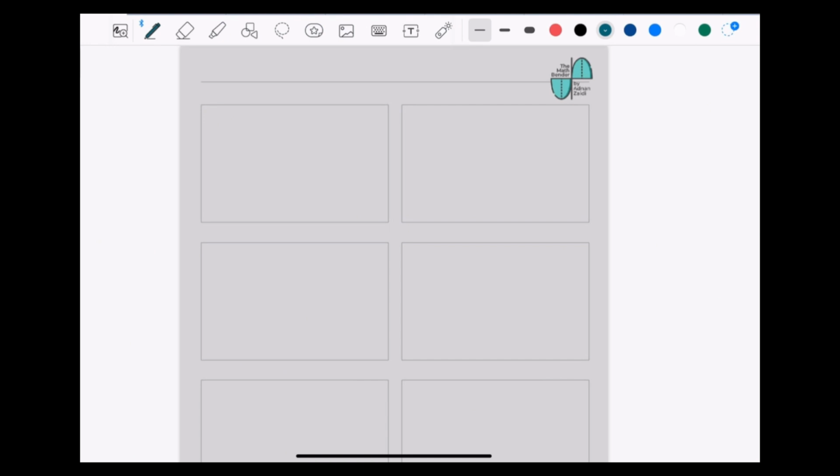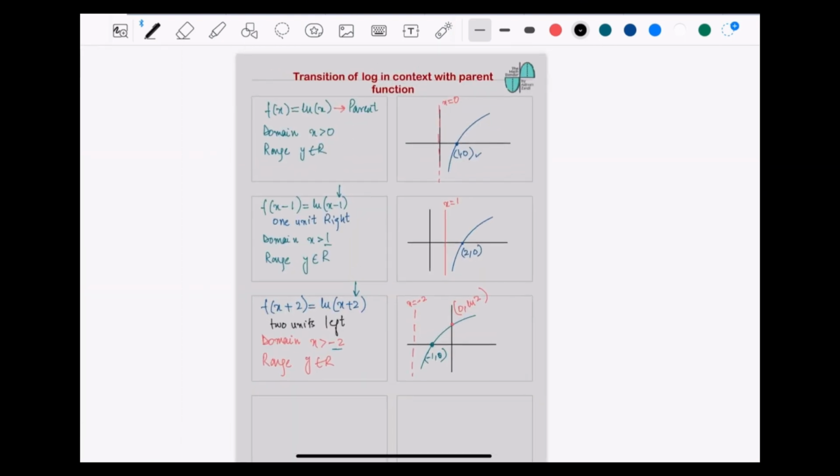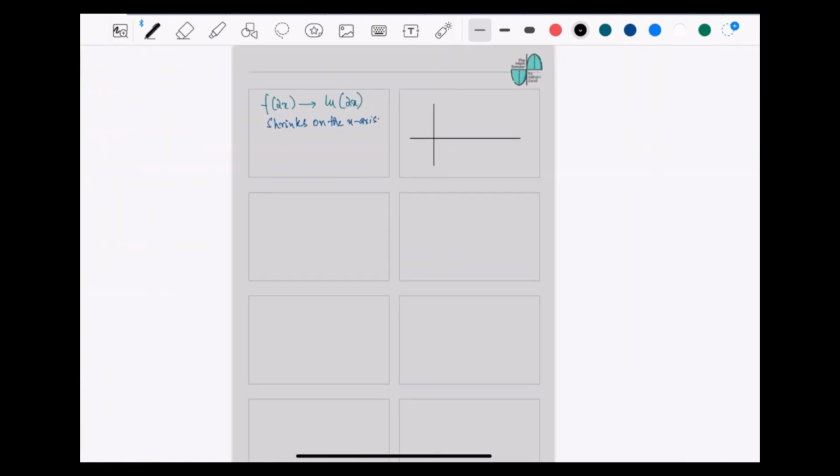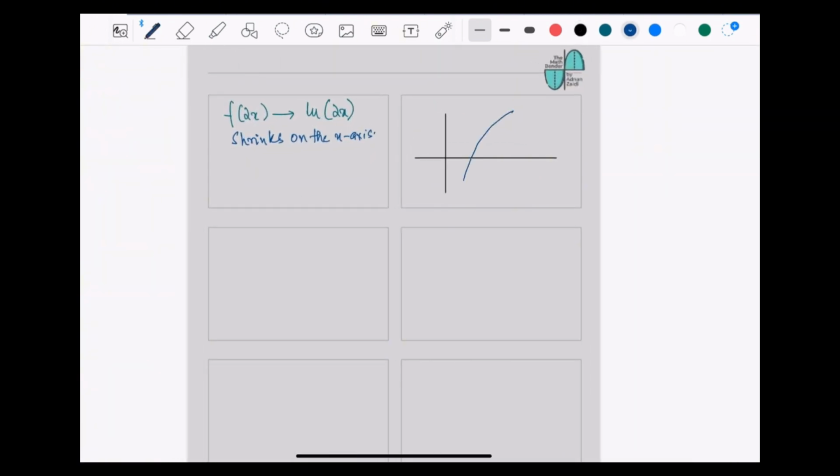Now, if I say f of 2x, the graph looks like ln 2x, which means the function shrinks on the x-axis, and the value initially 1, 0 of the parent function, as you could see, the original one, is now divided by 2 and gives you this value, which was 1, 0 is now half, 0.